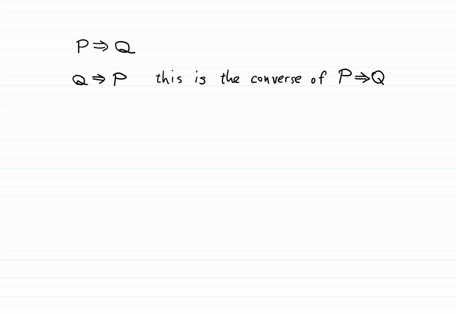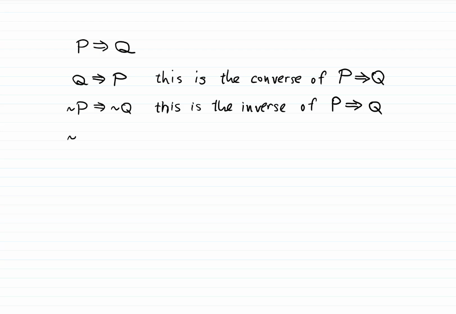Now, if you say not P implies not Q, that's called the inverse of P implies Q. And again, when two implications are inverses of each other, their truth values might be the same or they might be different. It's possible for one of them to be true and the other to be false. Okay?